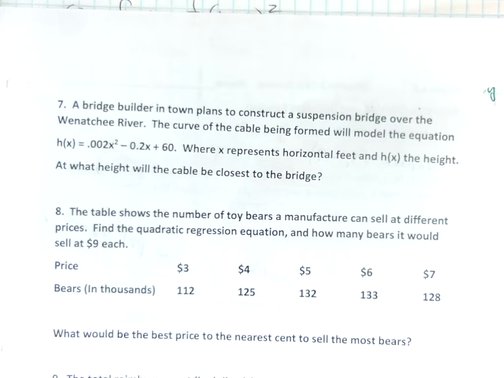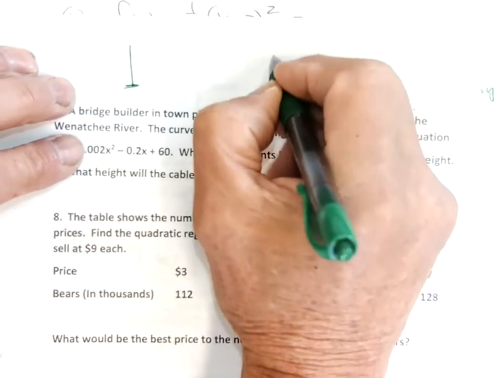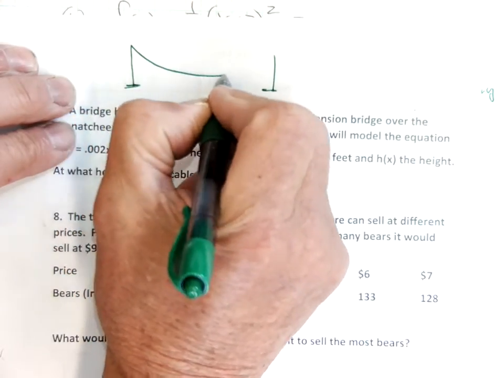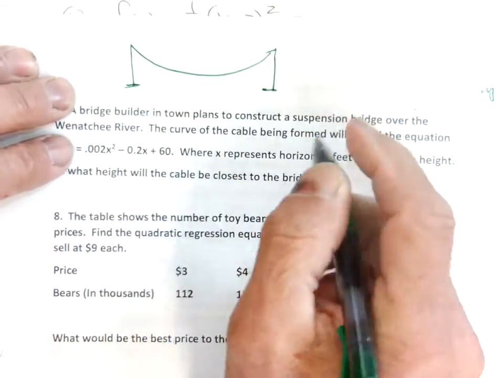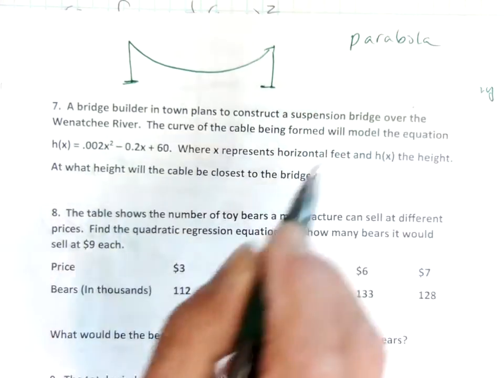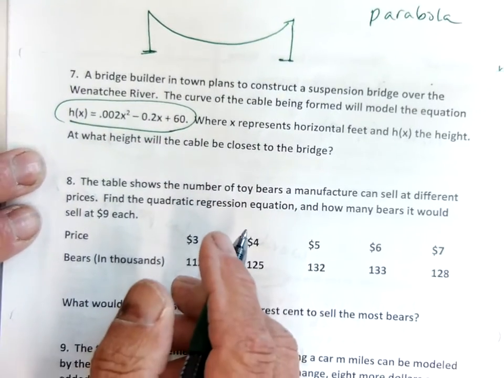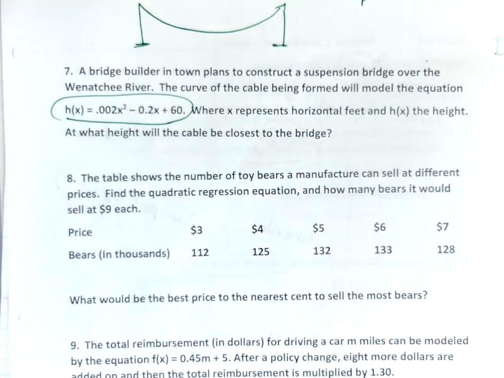That's a suspension bridge. So it's got a cable. Now that looks like a parabola, right? And we get an equation that is also a parabola, right?